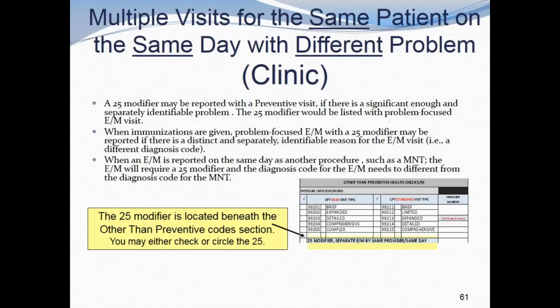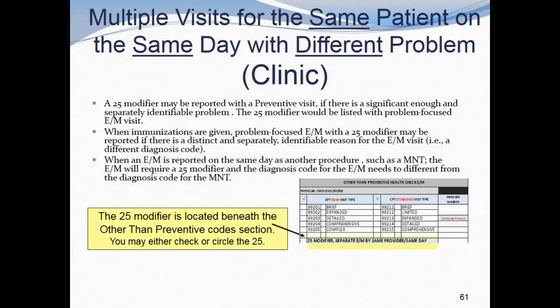Okay, so when you have a patient that has a couple of things going on, this is where the 25 modifier may be able to come into play. So if that's the case, let me show you where it is on the PEF in case you need it, which is right underneath your other than preventive health check E&M, which is your problem visits, which we all call that problem visits.